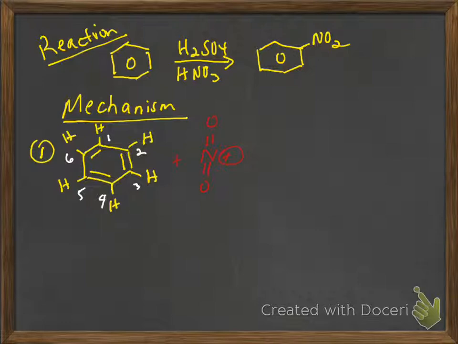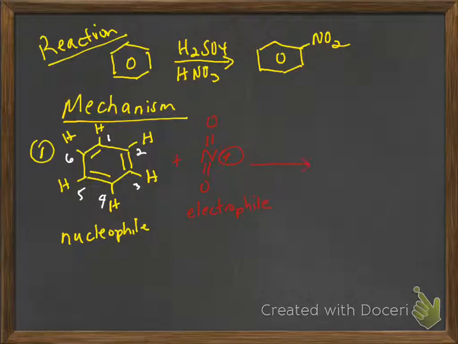So here we have our two reagents starting out, and remember we have to decide who is the nucleophile. And as we talked about in class, the nucleophile is going to be the benzene ring because it has the electrons, and this nitro group is going to be the electrophile because it has the positive charge on there.